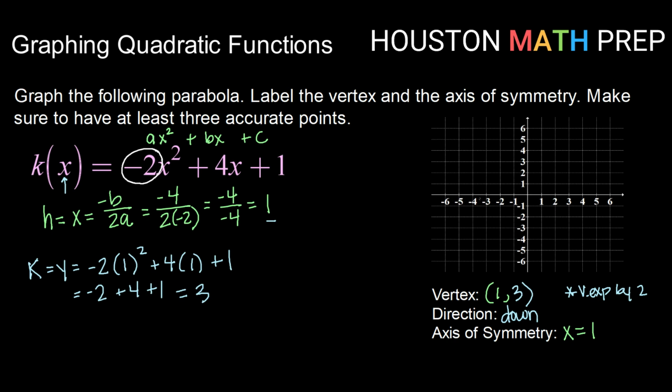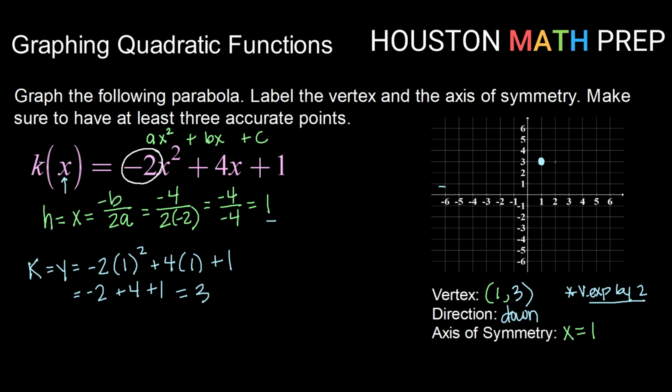Okay, so let's get this information onto a graph. The first thing that we need is our vertex, 1, 3. So 1, 3, there's our vertex. Now we're going to be opening down. On a normal parabola, we could go right 1, up 1. So with the direction of opening down, we would go right 1, down 1, but we have this vertical expansion by 2.